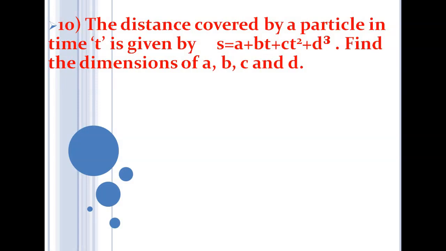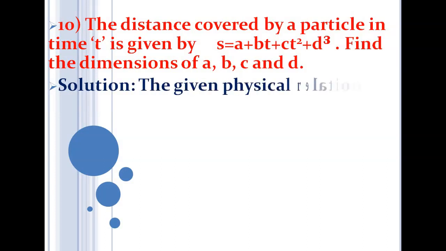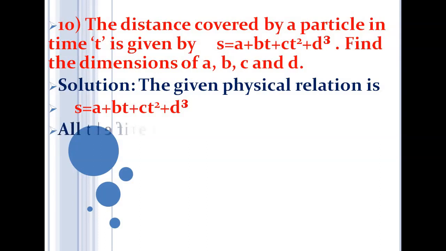That's an important point. And the dimension of each term on the left side must be the same as the dimension on the right side. So each of these terms, a, bt, ct square and dt cube, all must have the same dimension. All these terms must have the same dimensions.